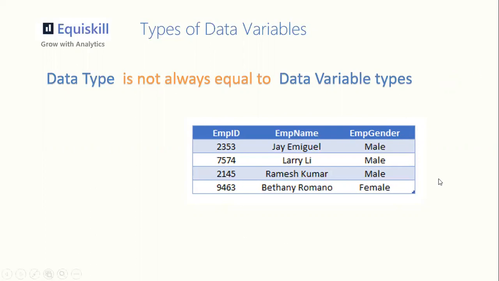For example, you see here some employee IDs, you see the names of these employees, and you see their gender. You notice that the employee ID is numerical, and the name contains characters, and the gender is also character information. Now, these are the data types. They're numbers or they're characters. But the data variable type is actually categorical.